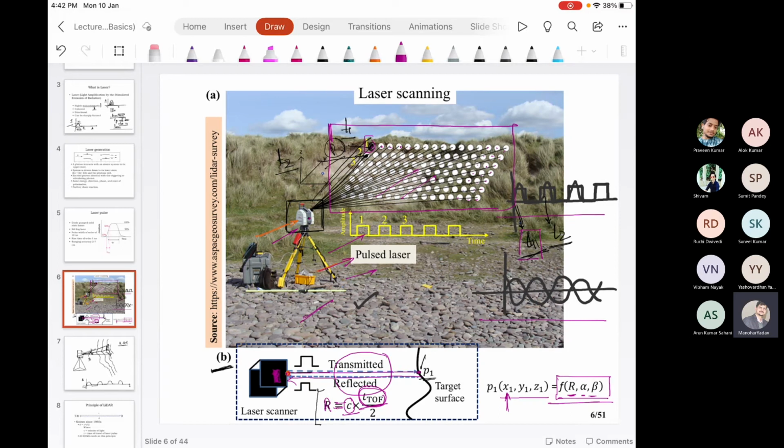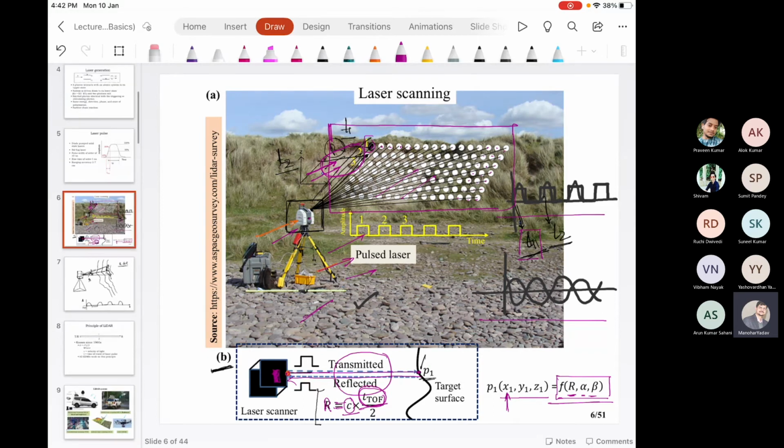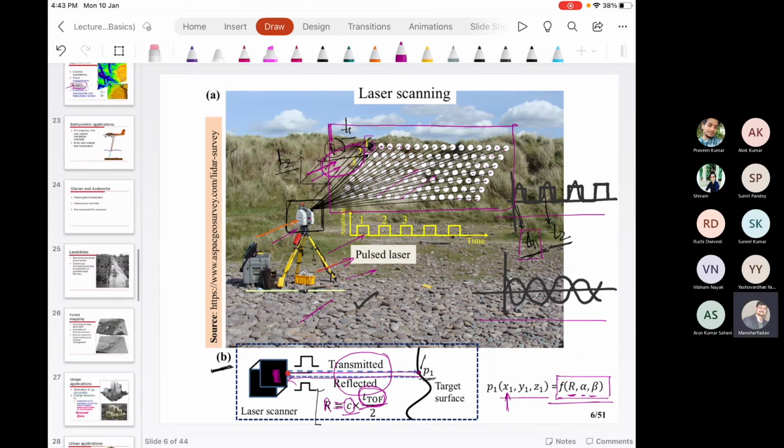Let's say somewhere, before the excavation, you do the laser scanning, and after the excavation, you do the laser scanning. So you will get two different mathematical surfaces, and if you differentiate them, then you will get the total volume of material that has been excavated. So this can only be done using LiDAR, because in LiDAR you have the 2D geometric information as well as the depth of the point. So you can generate a 3D mathematical surface.